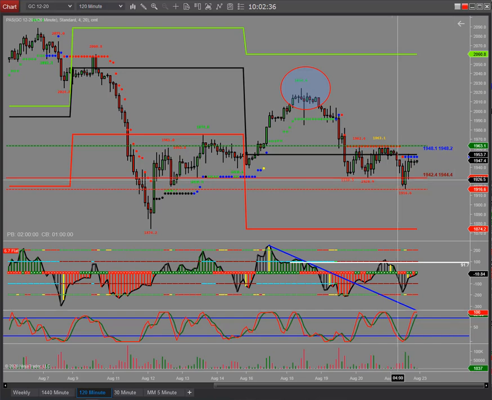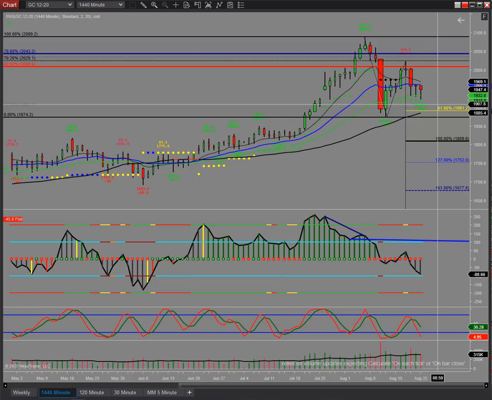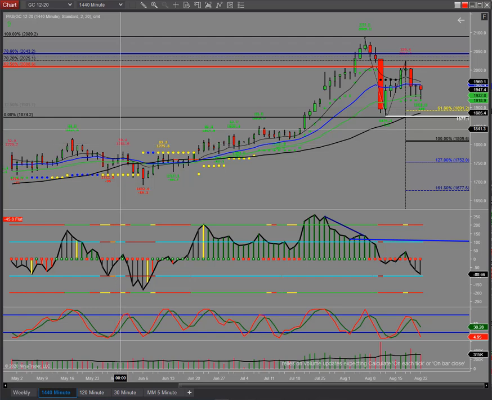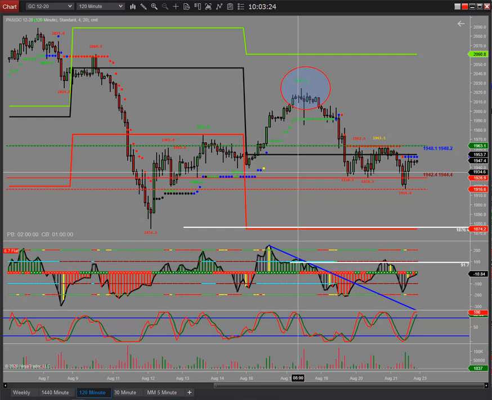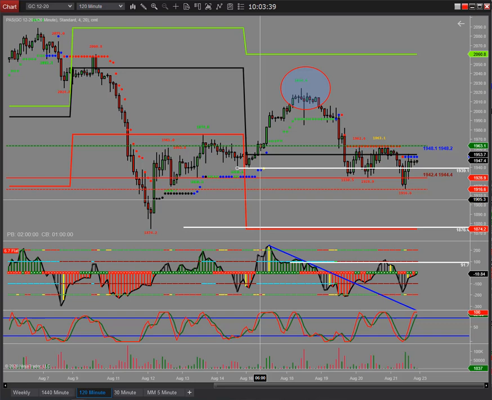So we dropped to 1928, where I came with a 1938 zone. Sorry, and how I came with the 1938 zone was this swing low, 1939, 1938 area, where I was looking for a support in this area for an initial move before continuation lower.